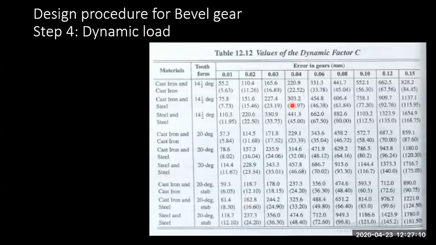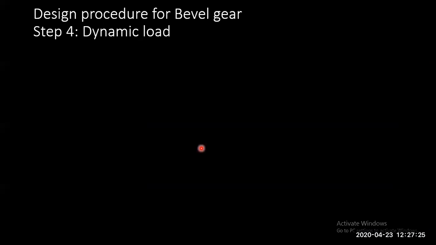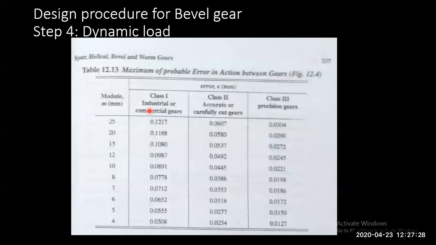So only for C, maybe we have to interpolate using the error values here. Whichever error values come around these values, you need to source for the particular angle, and then depending on the type of cut and module, you need to source the error.